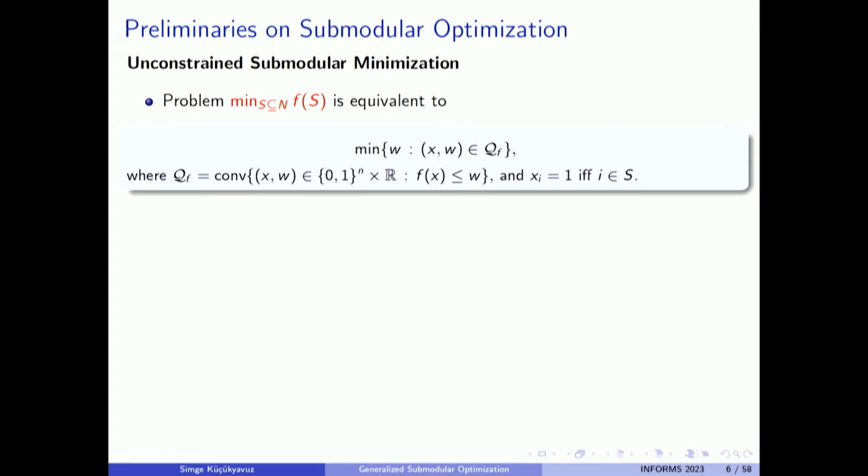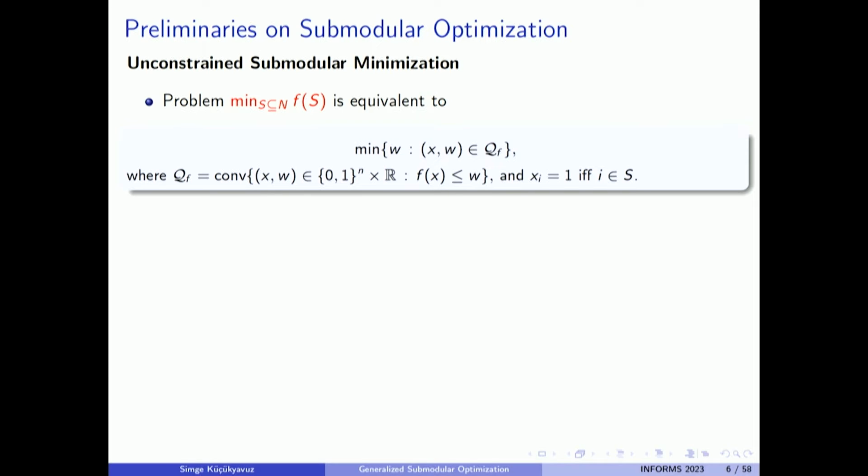You can equivalently write this, and this is the approach I'm going to take throughout my talk. I'm interested in mixed integer programming approaches. This is a set function, but I'm more comfortable with integer variables, continuous variables, and optimization written in terms of such functions. So I'll turn this problem into minimizing w. W is a placeholder for my objective function.